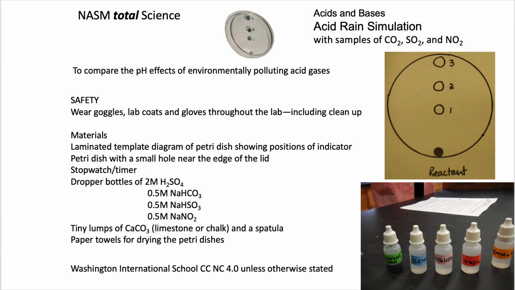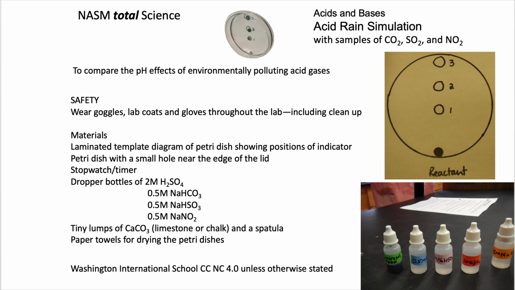Please, with safety, wear goggles, lab coats, and gloves, including through the cleanup. The top diagram with the 1, 2, 3 is a laminated template of the Petri dish, so draw around a Petri dish as you're making it, showing the positions of the indicator, same indicator, they're just further from the black dot.